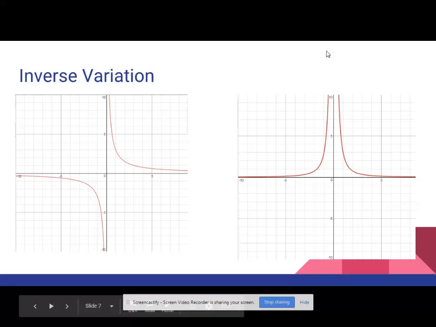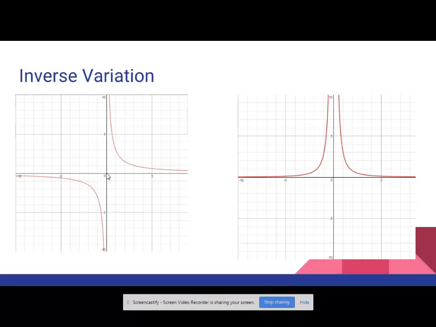Now, you will not be asked to graph inverse variations. These are exponential type functions. They're hyperbolas. They're really kind of strange graphs to look at. We'll deal with it a little bit in chapter 6, but not too much. But an inverse variation, this is what it looks like visually, so you can kind of see what's going on.